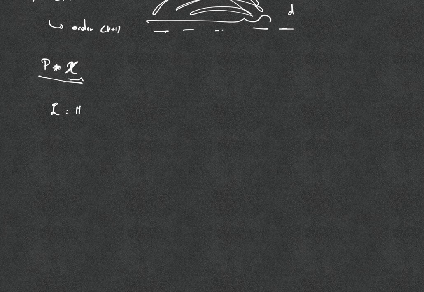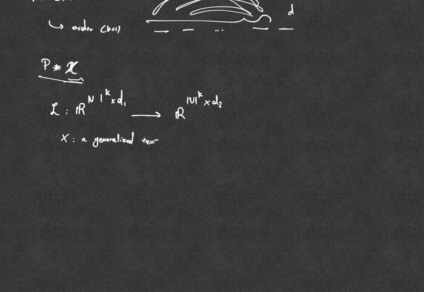Basically, let's assume that you have this linear operator, and the idea is that you want to take the representation from dimension d1 to dimension d2. Now consider this being a generalized tensor product. This is how you can define equivariance, and this is how you can define invariance.